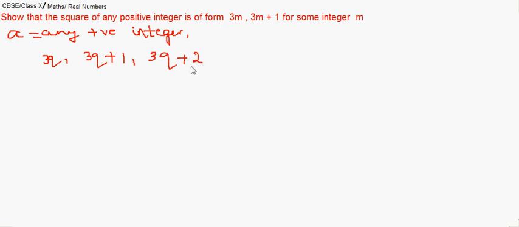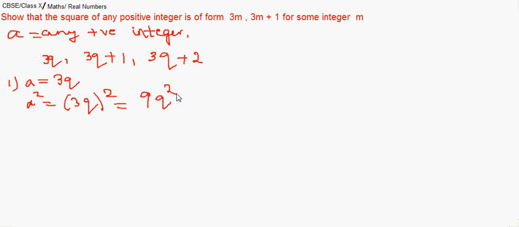So we have the cases, where I'll take the first one, where a is equal to 3q. We have to find the square, so it is a square. In our case it becomes (3q) square, that is actually 9q square. We have to show this in the format of 3m, where m is any integer. So I can break this up and write 3m.